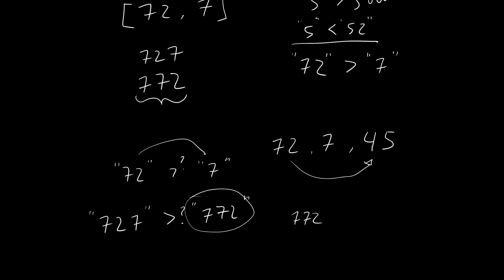For 72 and 45, is 7245 bigger than 4572? No, it's not. So then what you're going to do is, in the end, you're actually just going to order them. You're going to sort them, because there's no instance where this guy, the biggest string in combination, isn't still the biggest when combined. If you combine 745, it's bigger than 457, right?